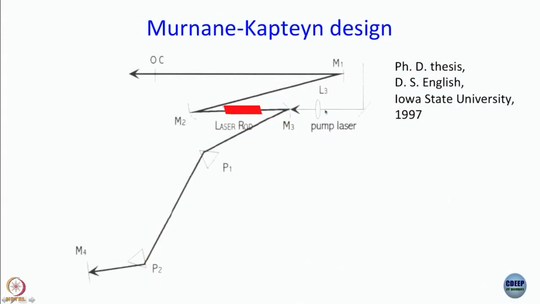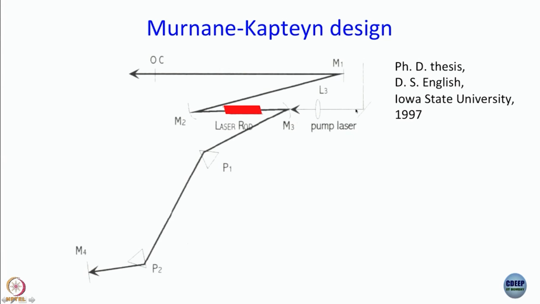That is always achieved, and I am going to show you the ray diagram of our own sapphire laser later, by using one mirror, that is your dichroic, which allows green light to go through and does not allow red light to go through. So, this M3 mirror that is shown here is a dichroic mirror. Green light goes straight through, in fact even M2, and red light is reflected.